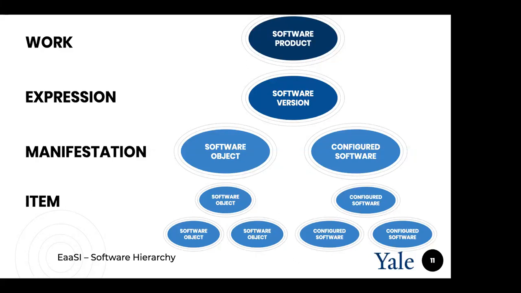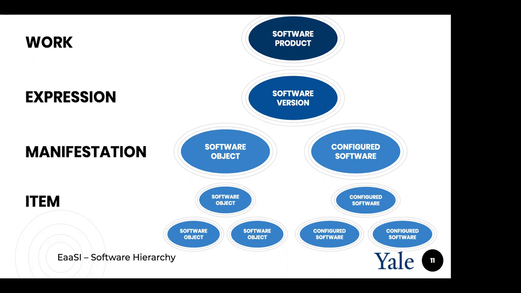Those are then manifested as either an object, so that would be in the physical comparison, the installation media, the disk, the CD-ROM, floppy disk, et cetera, required to install those items. Those could also just be files that are needed to compile and run that software version.